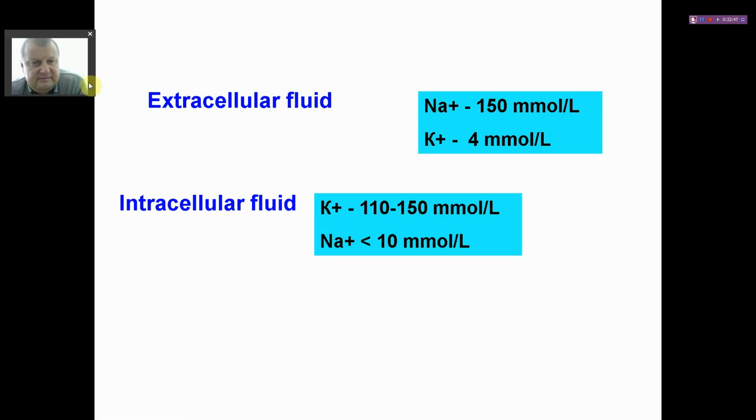And again, this slide illustrates the comparison between sodium and potassium. You could see that in extracellular fluid the main cation is sodium, and in intracellular fluid the main cation is potassium.